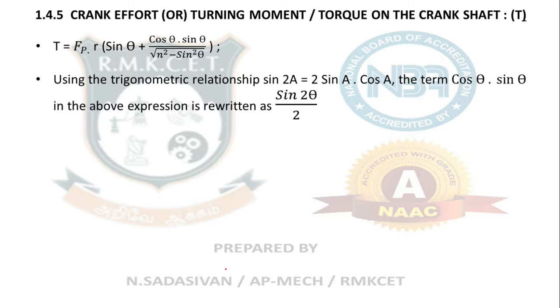Therefore sin a cos a equals sin 2a by 2. So sin theta cos theta equals sin 2 theta by 2, which I am going to put here.